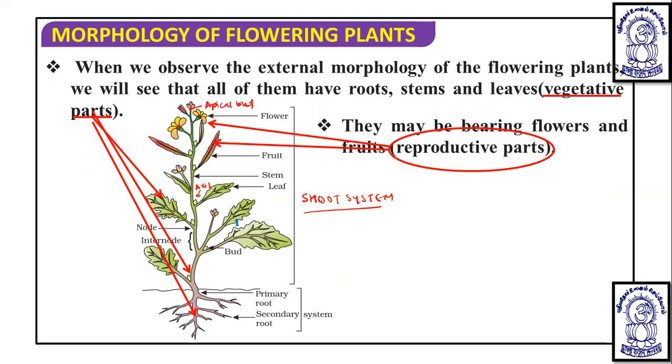But axil is the angle between the young stem and the base of the leaf, and that angle is known as axil. And the bud which is present in the axil is known as the axillary bud. So you can see this bud.